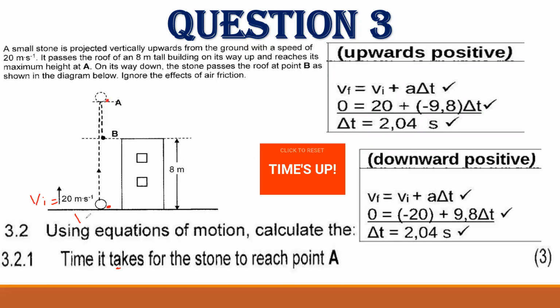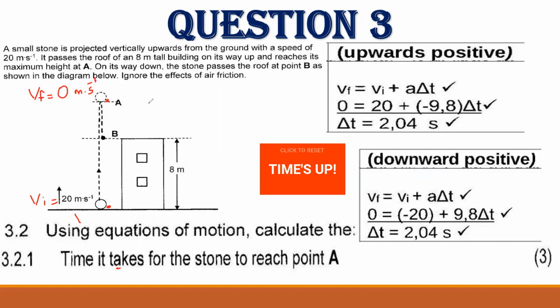What I know is, for the initial position, the velocity is 20 meters per second. For the highest point, because that's my final position, V final equals 0. How do I know that? Because at point A, the highest point, velocity is always 0.